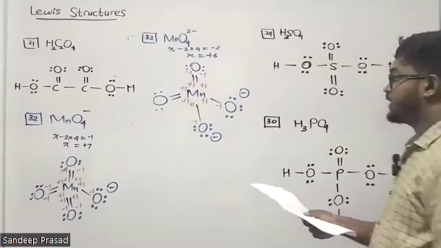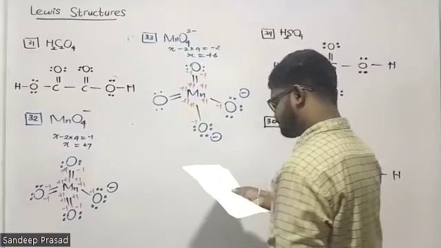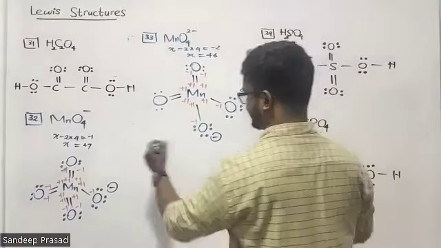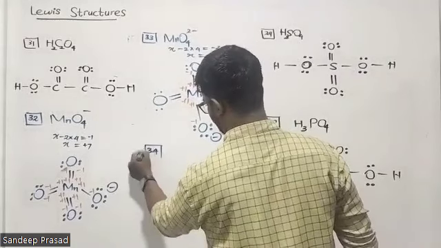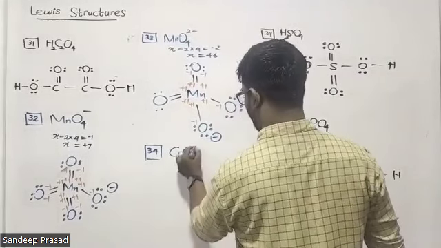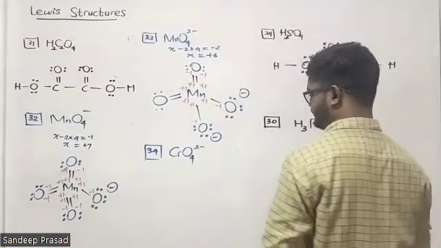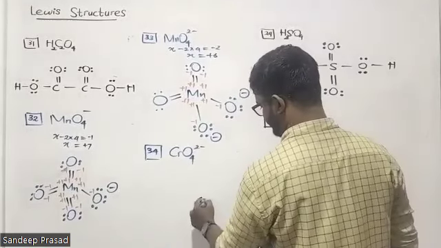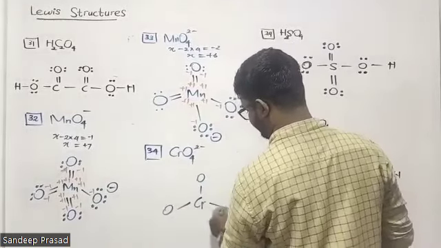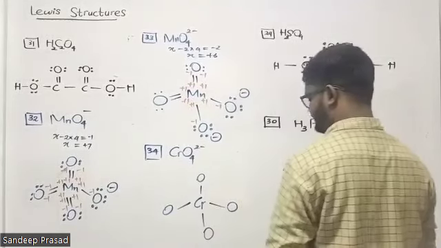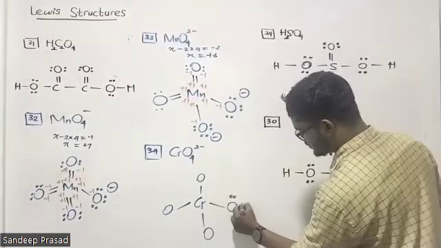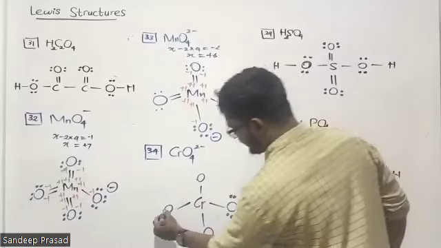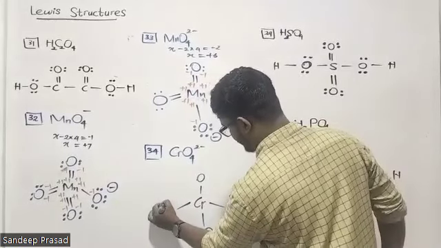Here comes the next one, 34. 34 is chromate, CrO4 2 minus. By looking at the oxidation state, you can decide that one. Chromium, right? 4 oxygen atoms, 2 minus charges are there. Students, you can tell that the 2 minus charges belong to oxygen.